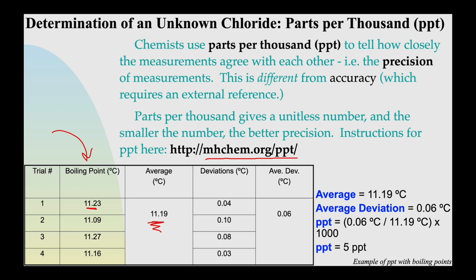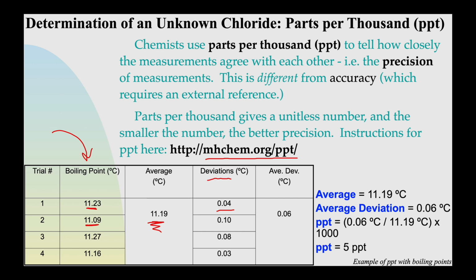So 11.23 minus 11.19, that's where the 0.04 came from. And you can see that that's a positive number. All right, no big deal. But the second one, 11.09 minus 11.19, initially comes out to be a negative 0.10.